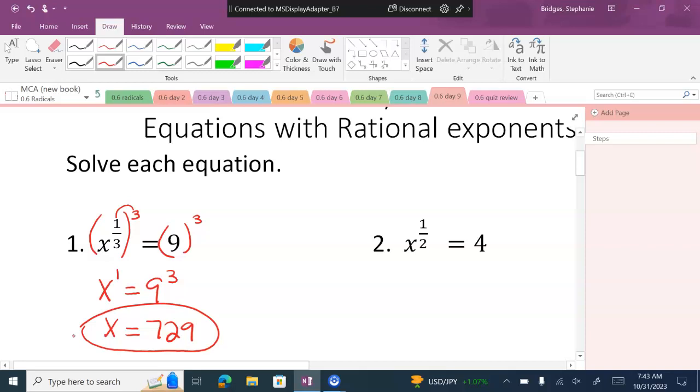So go ahead and try 2 then. Same concept. You want to get the variable and the exponent all by itself on one side of the equation. Then you want to raise both sides to the reciprocal power.